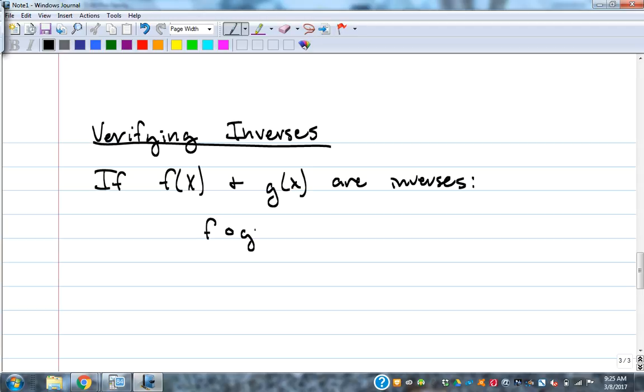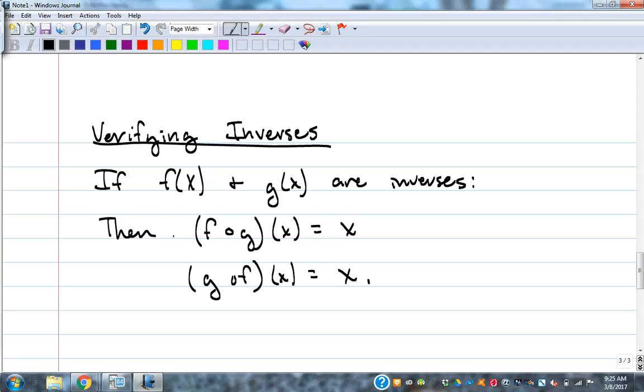F composed with g will equal plain x. G composed with f will equal plain x. That will always happen. The composition of the two together will simplify out to be x by itself.